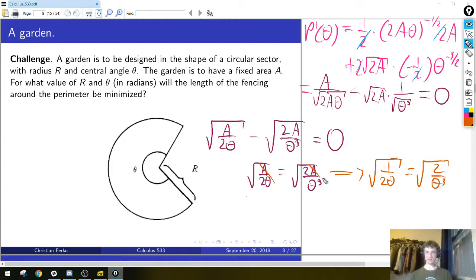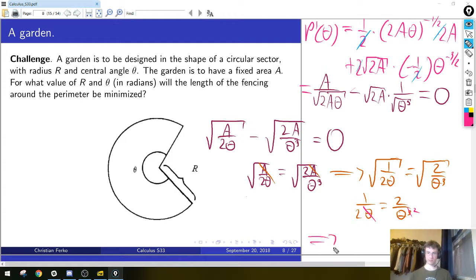Okay, so if we've done that, how do I solve for theta next? Can we square each side? Looks good to me. So 1 over 2 theta is 2 over theta cubed. Or if you prefer, 1 over 2 is 2 over theta squared.